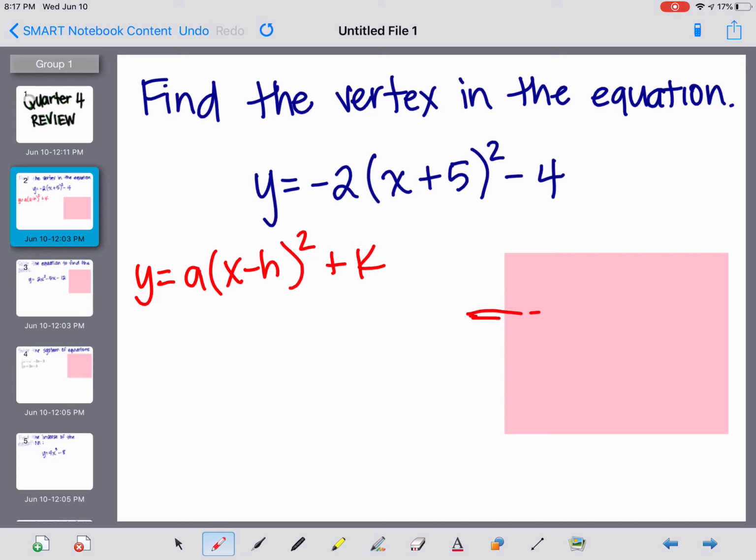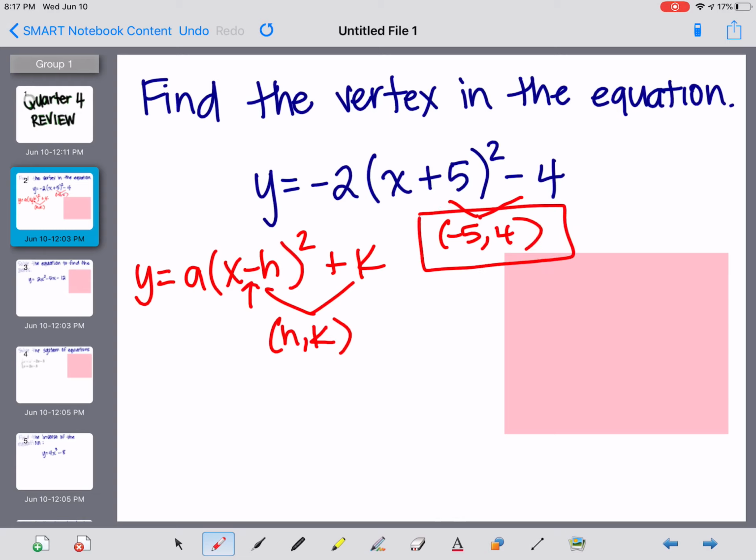And if you guys remember, the h and the k are what make up the vertex. So h and k is the vertex. So here, if we look at the 5 and the 4, remember the h is usually negative. So since this is a positive, it's going to be negative 5 and then positive 4. So if you want the vertex, that's all you have to do.